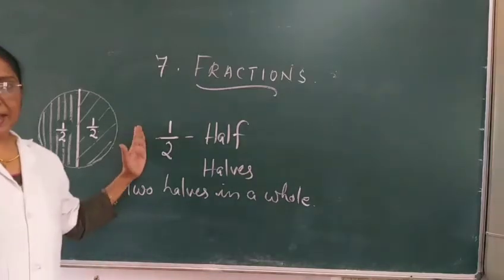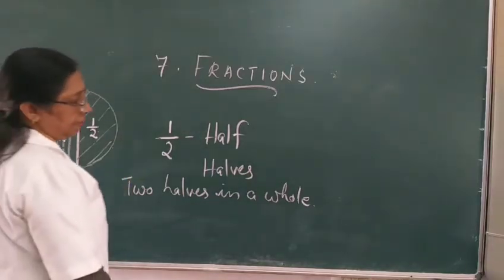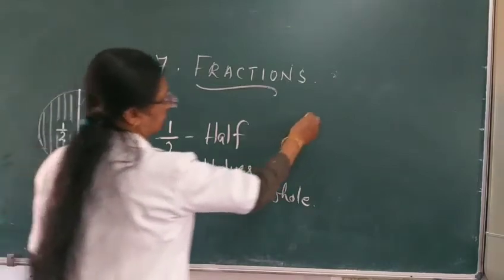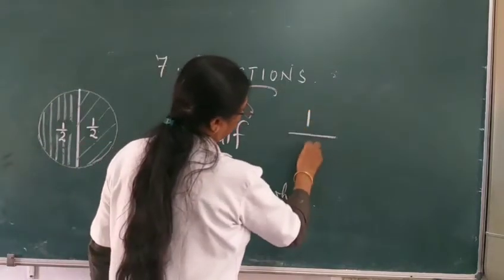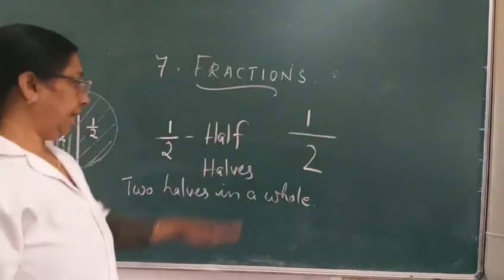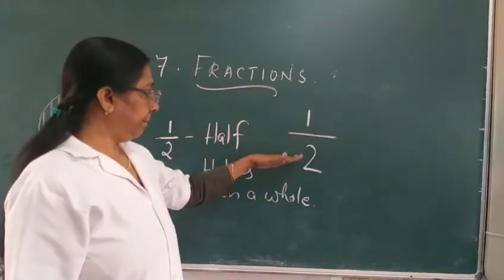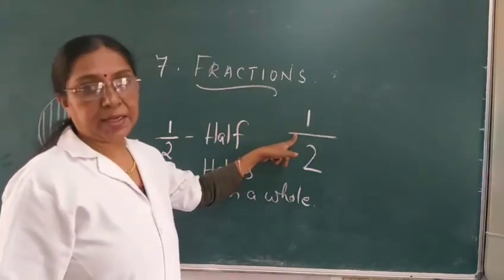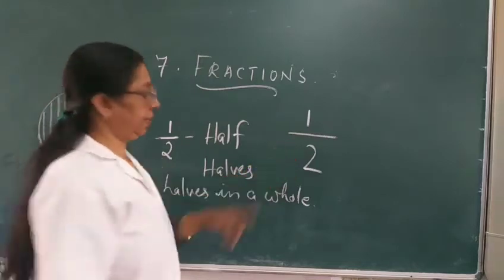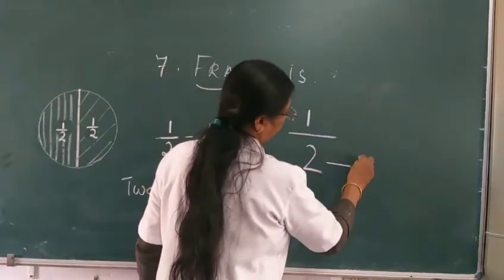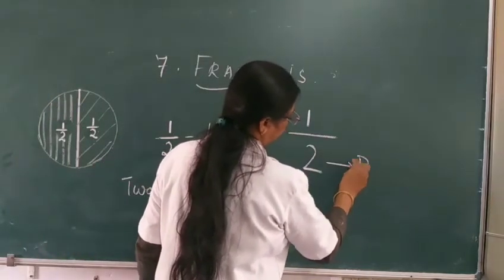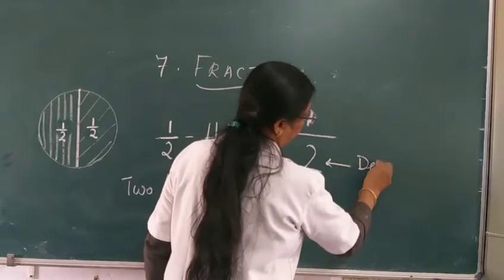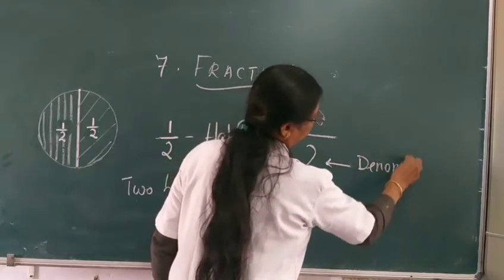See, in this fraction, say I write it again, 1/2. This is a fraction. In this fraction, the number below this line is called the denominator. What is it called? Denominator.